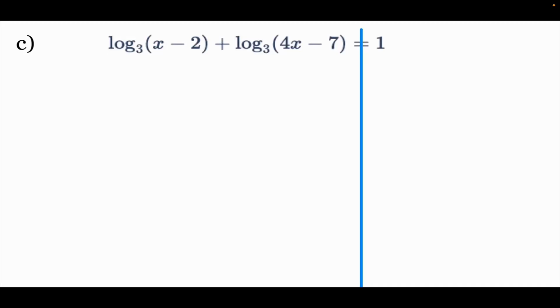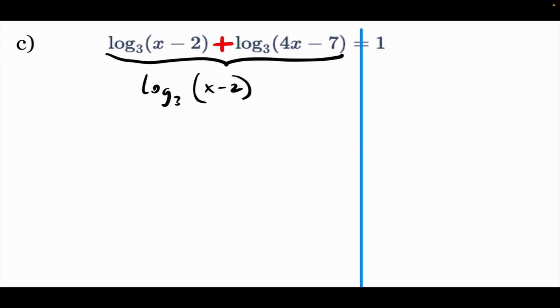All right, so we got 2 logs. They both have the same base. They're connected by a plus, so I can condense them. Since it's a plus, it's going to be product. So log with a base of 3, and I have 2 things being multiplied, x minus 2 and 4x minus 7.